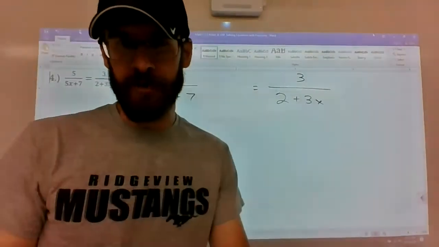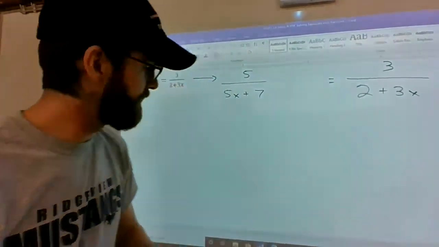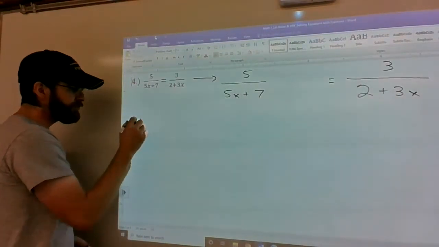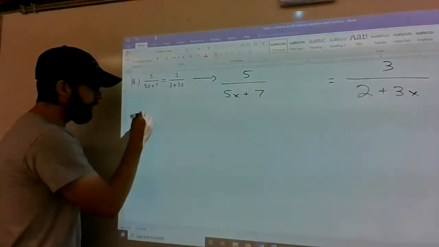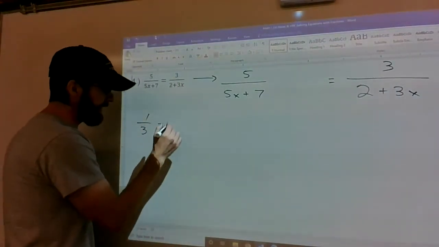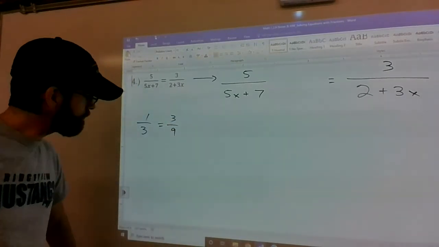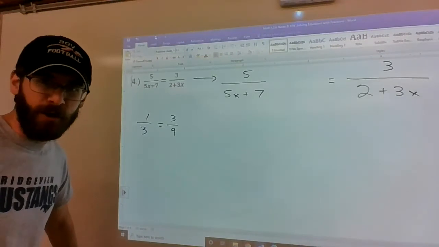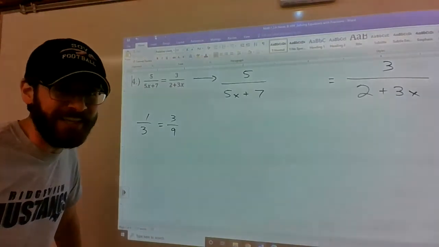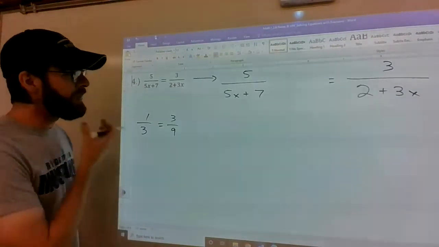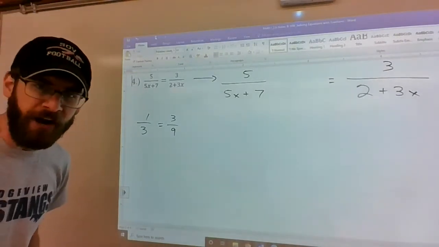Consider this fraction over here. I'm kind of ad-libbing right now. Do you guys agree with me that 1/3 is the same as 3/9? You've thought about it? Hopefully you're saying, yes, Mr. Owsley, we agree. Okay, what if I were to flip the fractions?